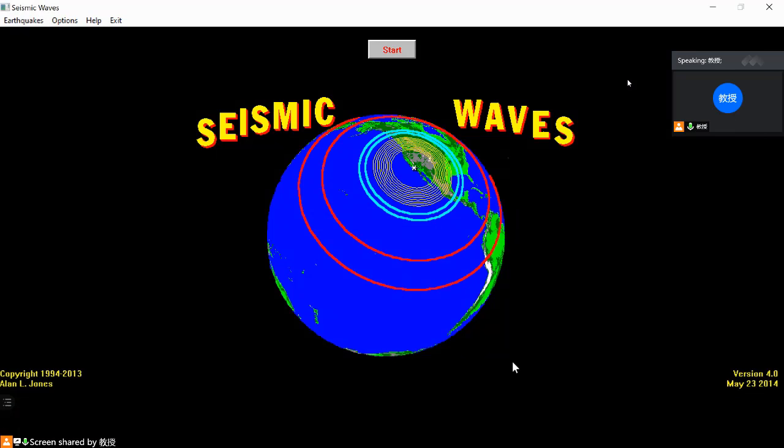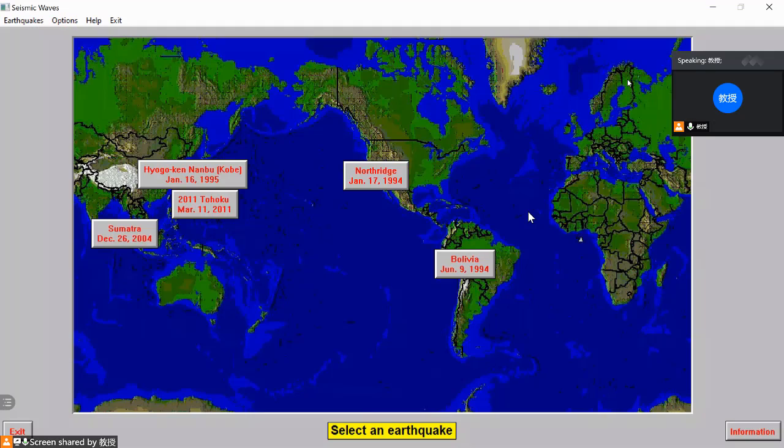Okay, so we select earthquake, and we look at the 2011 Tohoku earthquake in Japan. It occurred on March 11th, 2011. We select this.